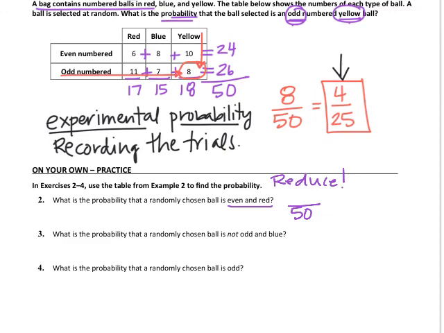You also want to take a look at this chart, and I would like you to find not odd and blue. So make sure you pay attention to that. That could be a little bit tricky. What is the probability that a randomly chosen ball is odd? Doesn't necessarily mean it's a different color, just if it's odd. Okay, don't forget to reduce each time. If you have questions about anything in this video, I'll be happy to answer that in class tomorrow.